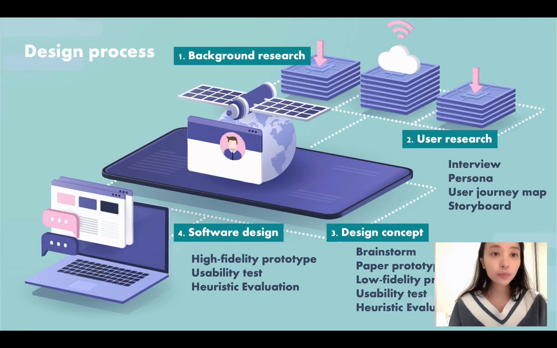During the design process, first I conducted thorough background research on dyslexia, and acquired related information and knowledge, including major symptoms, treatment, supportive technology, etc. Next, I conducted user research and did interviews, from which I obtained useful information from real potential users, designed a preliminary concept for the software, and sorted out the persona, user journey map, and storyboard.